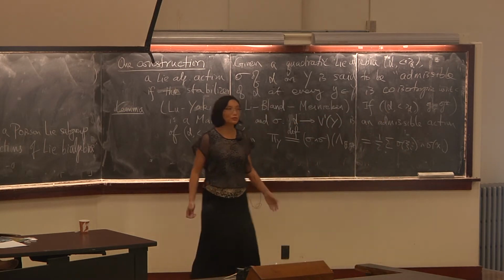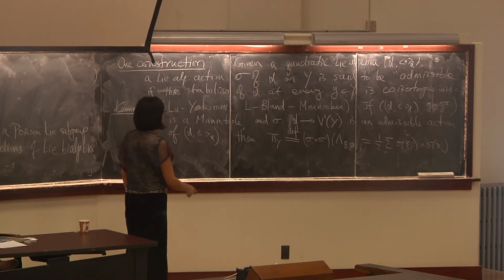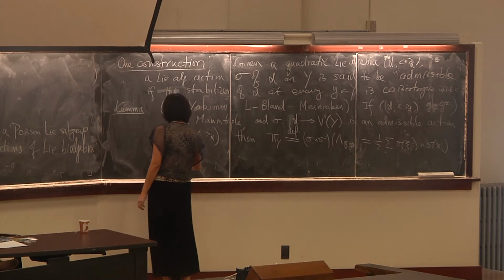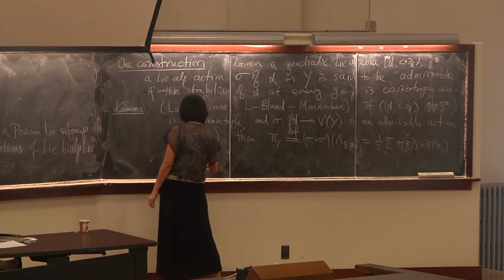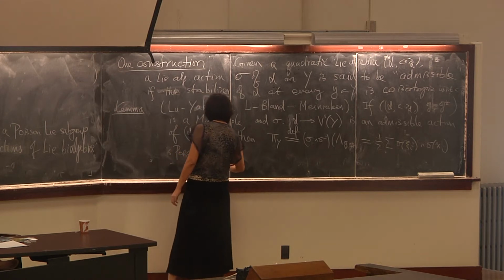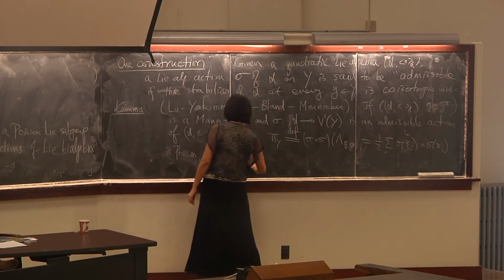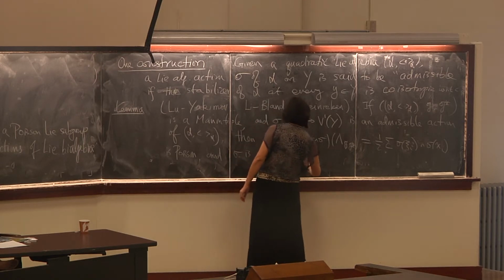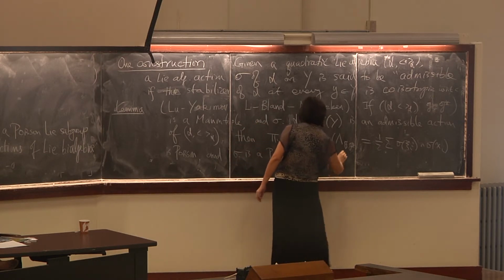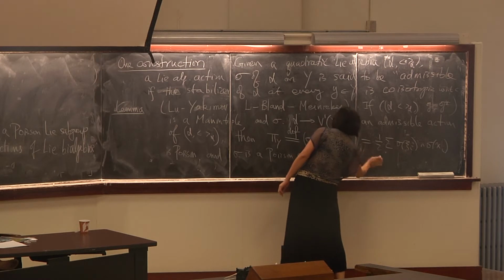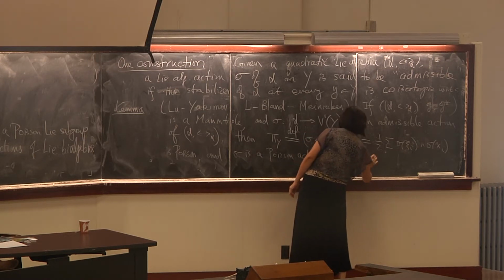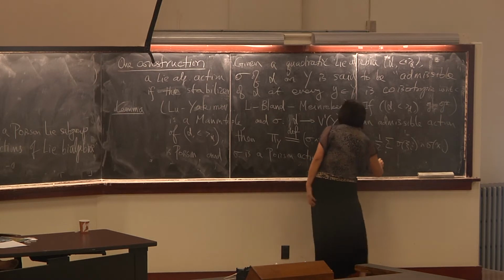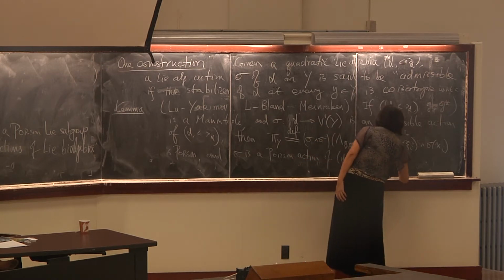You wedge two vector fields, it's a bivector field. Take the sum, and this is Poisson. And sigma is a Poisson action of the double Lie bialgebra on this Poisson manifold.